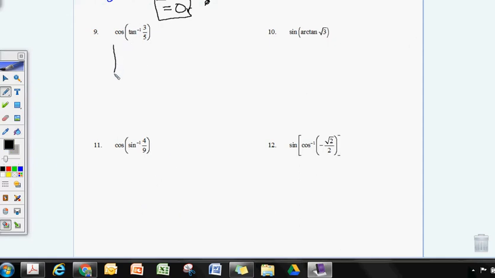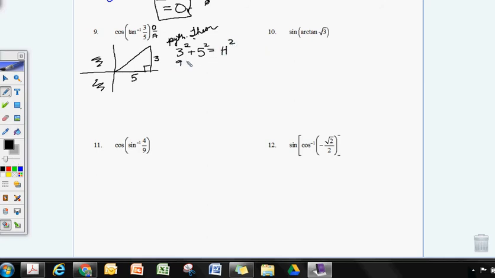Okay, so let's go inside. Tangent is found either in quadrants 1 or 4. It's positive, so we put it in quadrant 1. This stands for opposite. This is adjacent. So my opposite is 3, my adjacent is 5, and I have to do the Pythagorean theorem to solve for my hypotenuse. 3 squared, which is 9, plus 5 squared equals the hypotenuse squared.